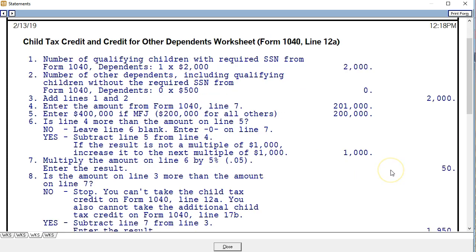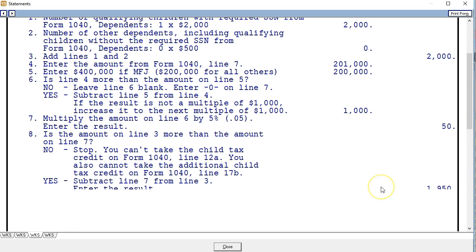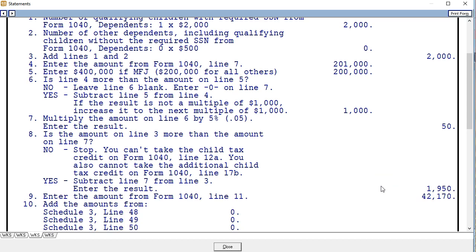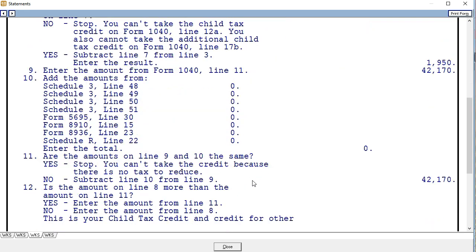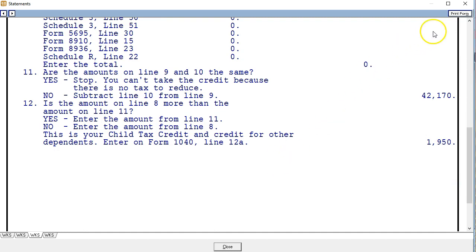You can go through this calculation on the worksheet to see basically what the phase out calculation will be. Of course, most people don't memorize the phase out calculation, but it might be something you're interested in. Once you start to get over a certain threshold, the 200,000, then you start to phase out the child tax credit. So here's the information on the worksheet for that.